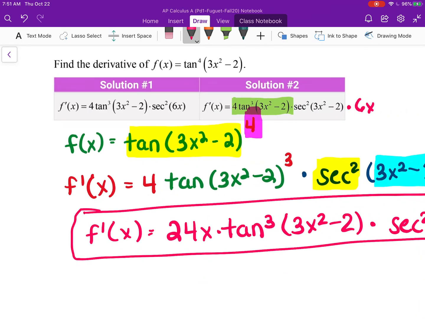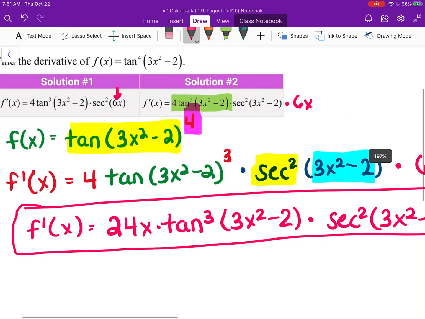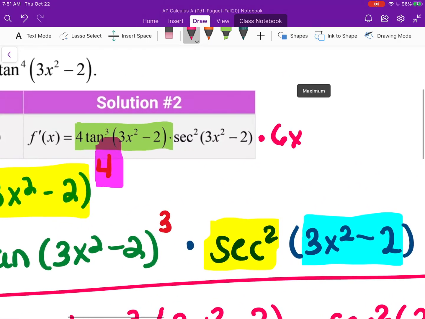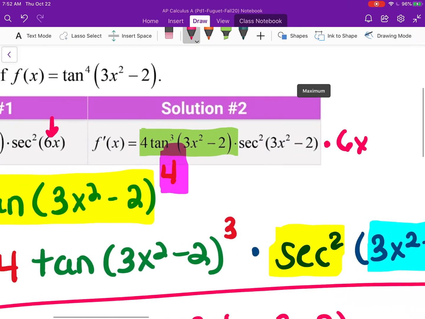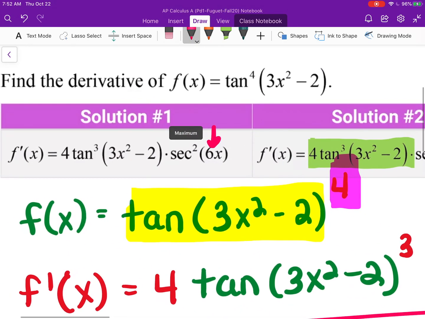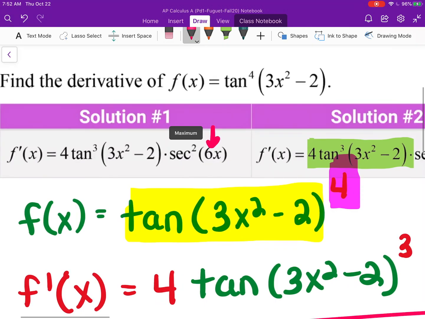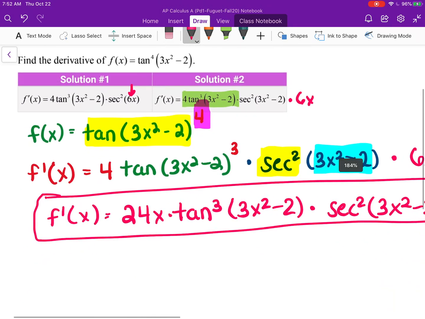And with solution 1, the only thing was they didn't do it correctly as a power rule. They just took the derivative the first time around and didn't do the second chain rule. See how in here we did secant squared of 3x squared minus 2 times the 6x. They basically just took the derivative all in one step, which you wouldn't want to do.